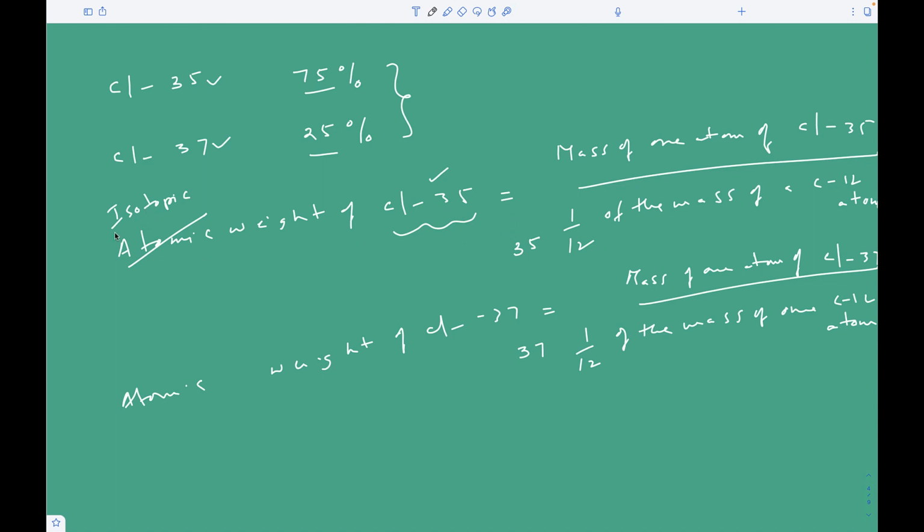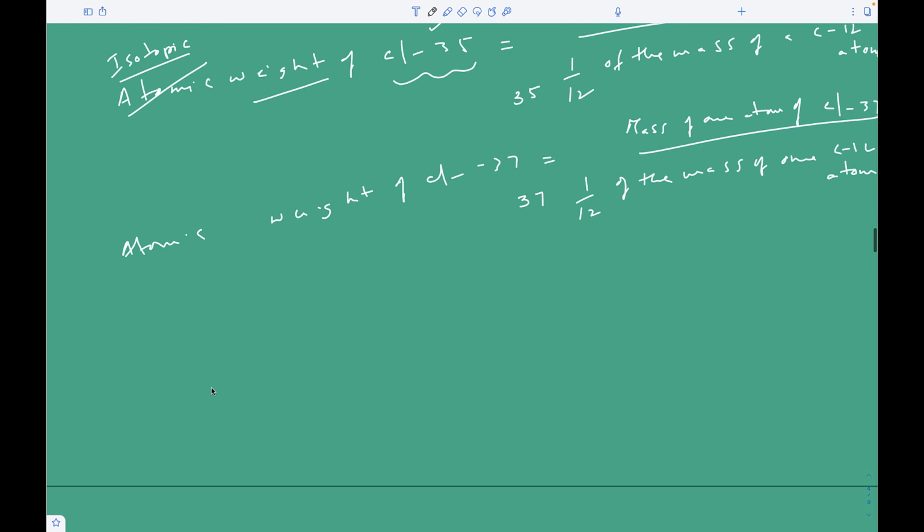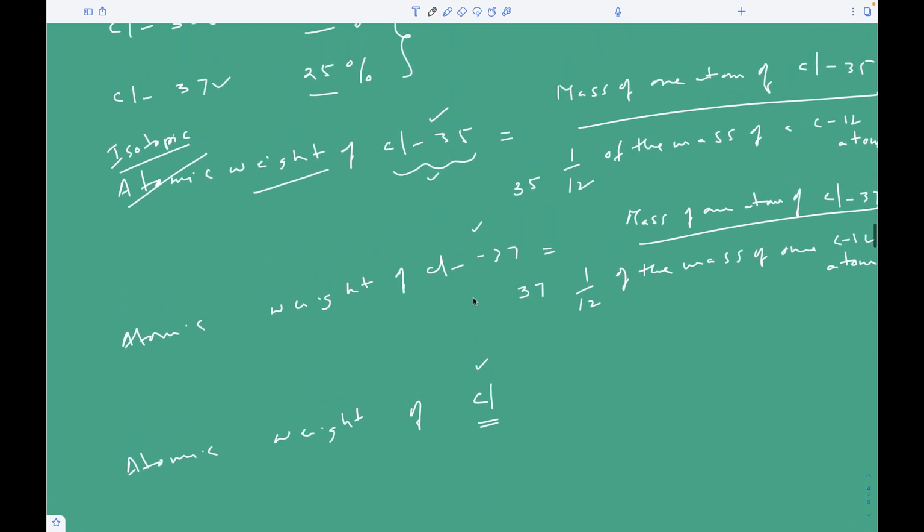So this is some new vocabulary that we need to understand. Now, what is the atomic weight of chlorine? See, here I am not talking about any particular isotope of chlorine. I am talking about the element chlorine as it is present in nature.